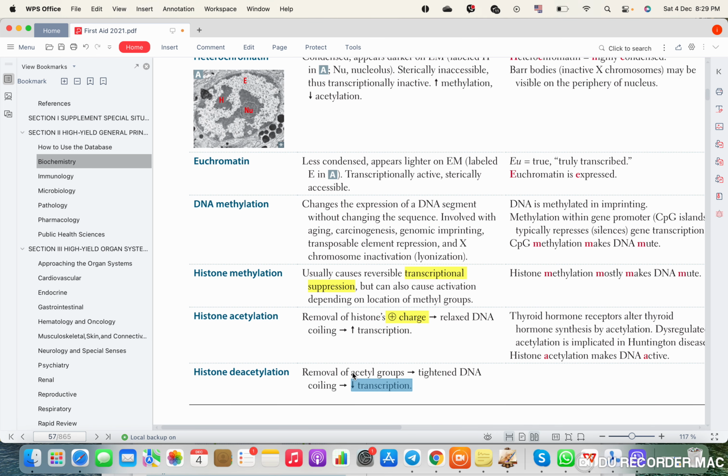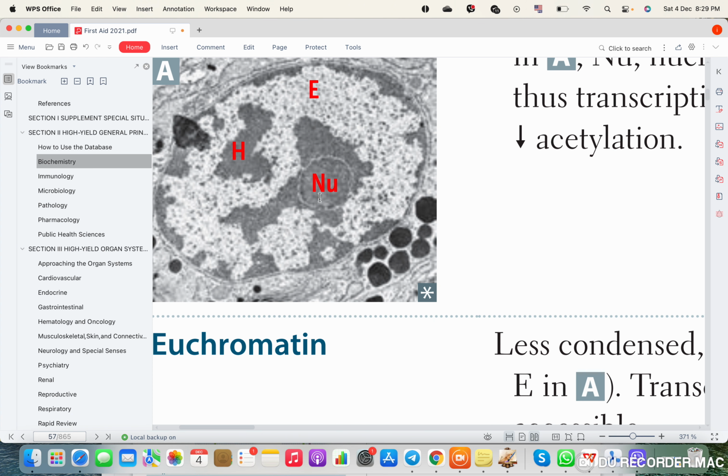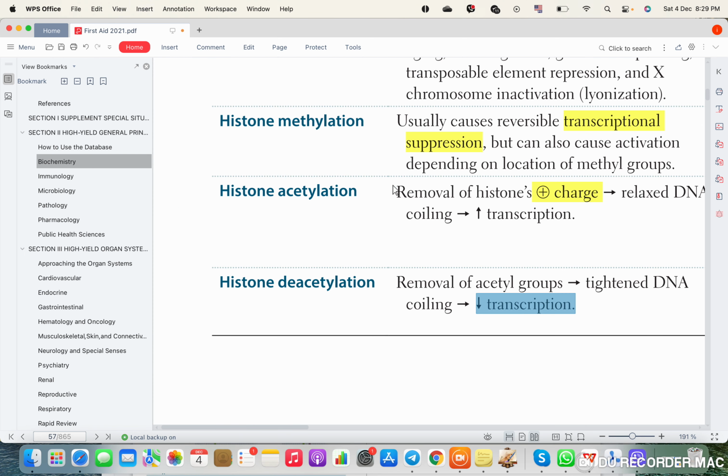Let me ask this then. Less transcription is occurring at the black area or at the white area? Which one is inactive? The black is inactive, which means basically decreased transcription is happening in it.